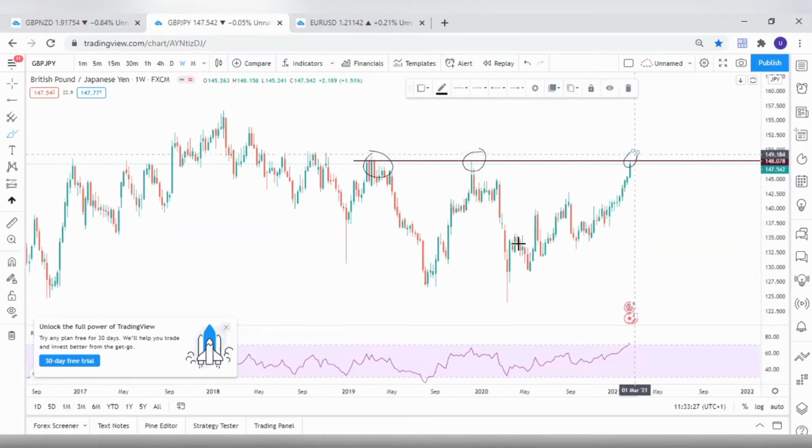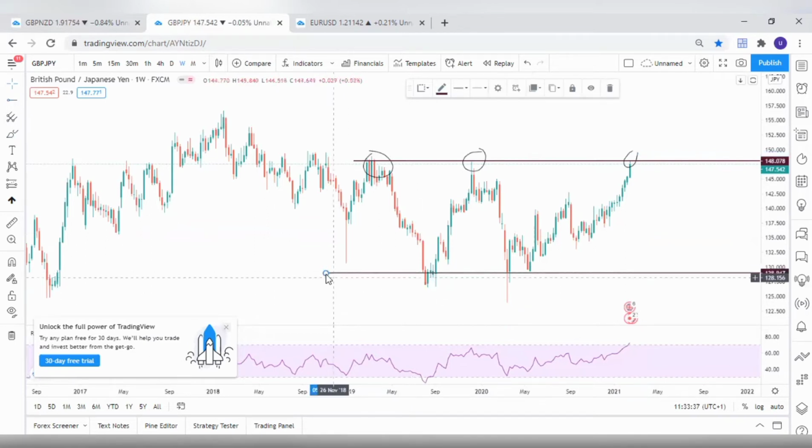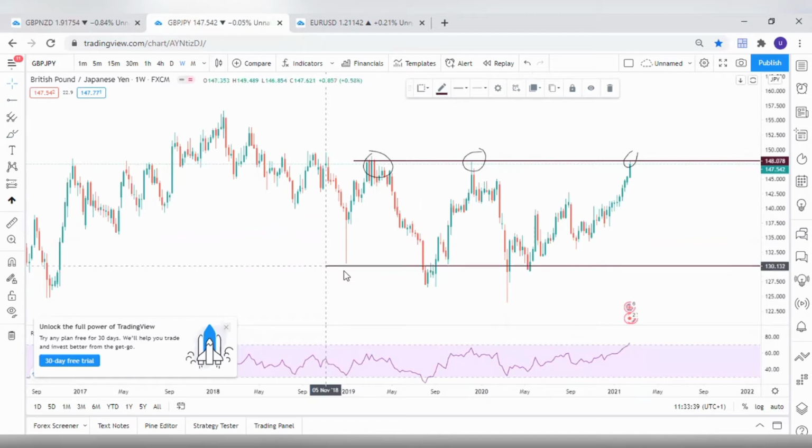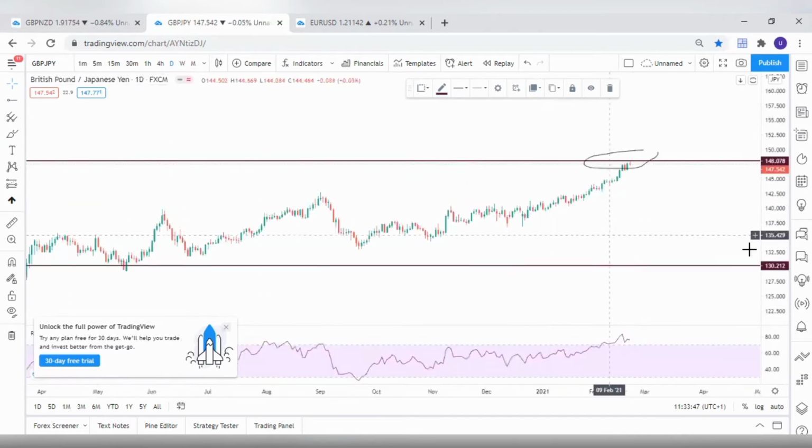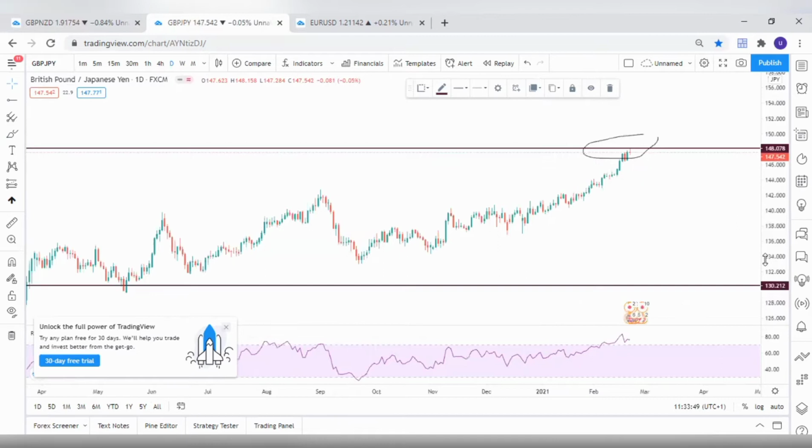So what we'll be expecting right here, since we have identified our key resistance, here is another key support. Here is another support zone of some sort. Look at the touches. We move to the daily time frame to check for more visible entries.